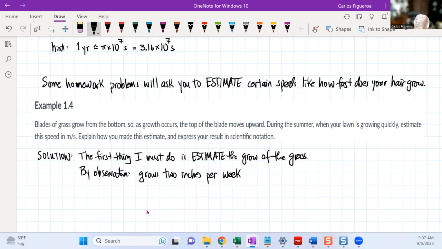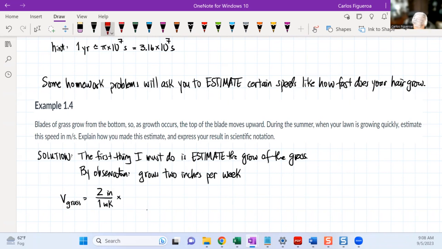So that means my speed of how fast the grass grows is then going to be 2 inches in 1 week. So now I start my process of conversion. And it goes something like this. Let's start with my distance. So I'm going to focus on inches.